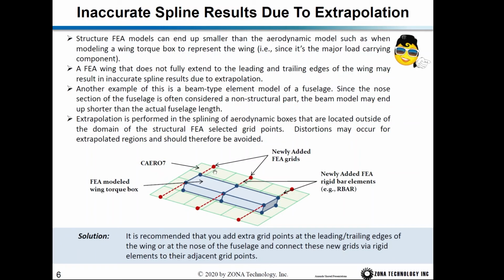And because you don't put mass on those additional grids, you don't change the structure stiffness or mass. So the natural frequency should be the same. Then when you do spline, you can include those additional grids in the spline. In so doing, you can avoid extrapolation.